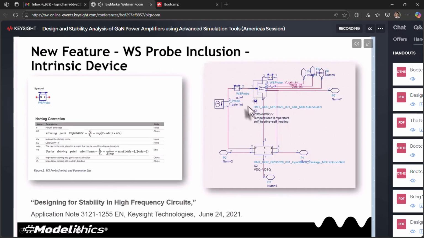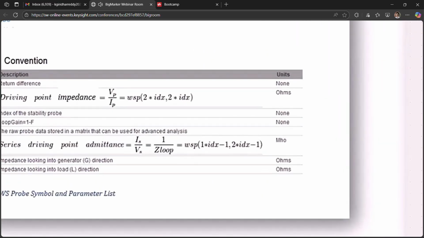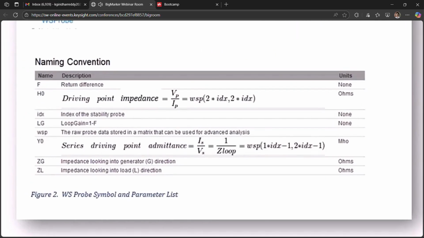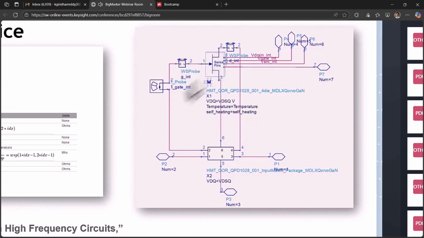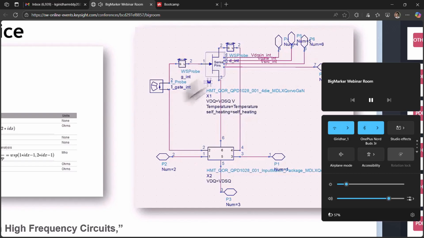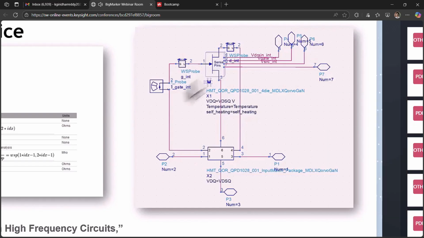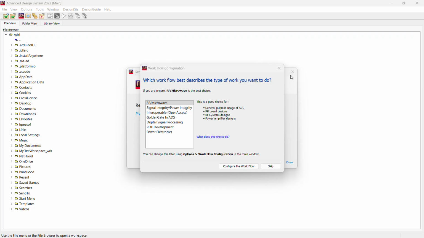You might be wondering what's going on here. I mentioned earlier that for all the transistors in the Qorvo GaN library, we've put these WS probes at the most intrinsic part of the transistor. So if you take one of the models and you push in, include the gate to drain capacitance.